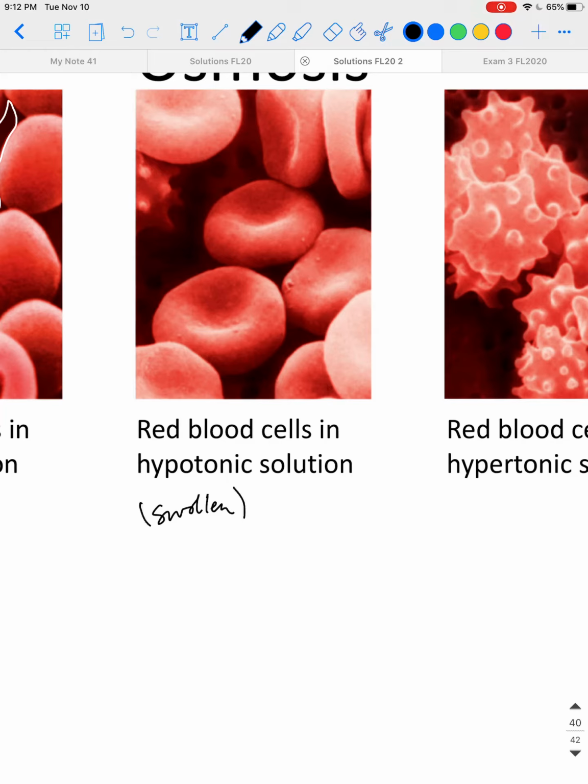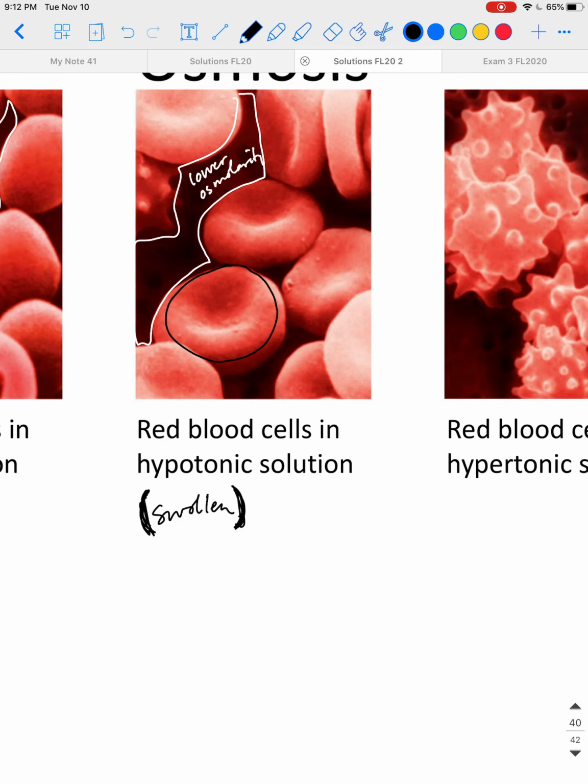If you look at these red blood cells, they look kind of swollen. They look a little too plump. They just got done eating their Thanksgiving lunch. And these are in hypotonic solution. So what that means is that the solution out here has, hypotonic means a lower osmolarity.